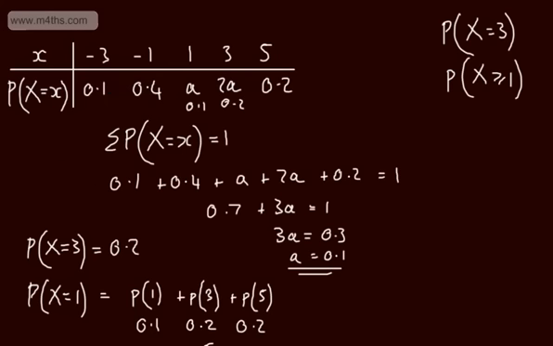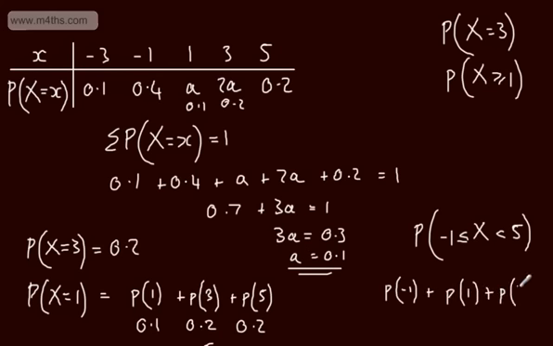Another question might be, let's do another one, find the probability that X, our random variable, will be between, let's go for -1 and let's say 5. So we can see we've got a strict inequality here and an inclusive one here. This is the same as saying P of -1 plus P of 1 plus P of 3.